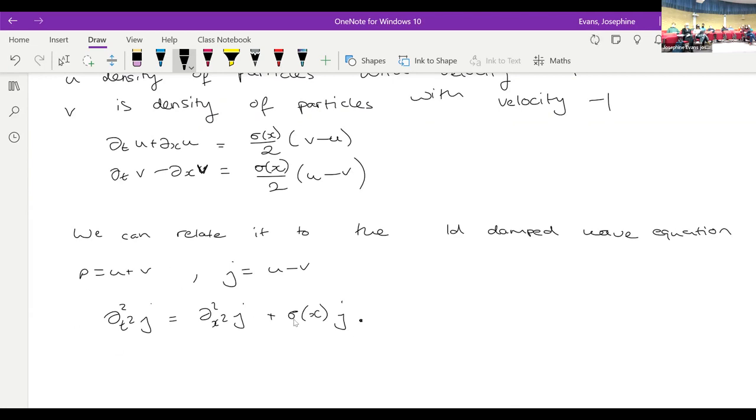And this more or less tells us, if we have a solution to this damped wave equation, we have a solution to Goldstein-Taylor and vice versa. More or less, I mean, you have to integrate to get to Goldstein-Taylor from the damped wave equation, but I guess the technical details there are very boring.